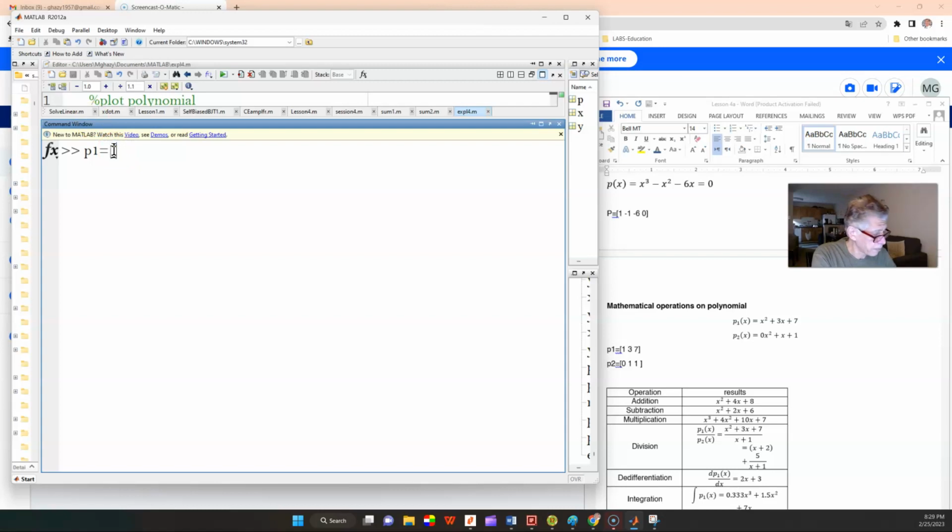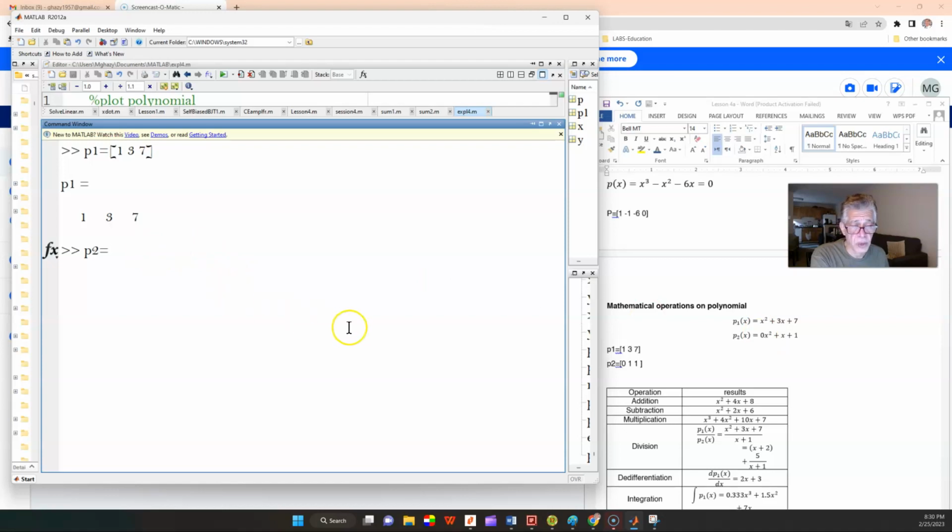So the coefficients are 1, 3, 7. What is the second one? The second polynomial, P2, is x plus 1.